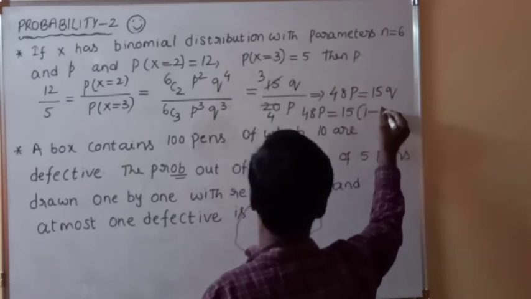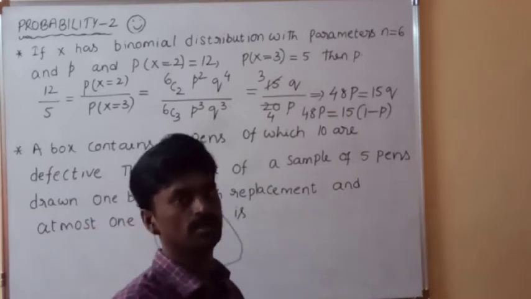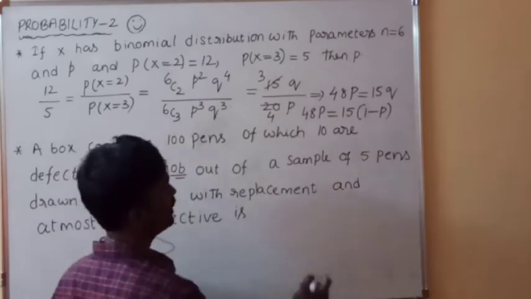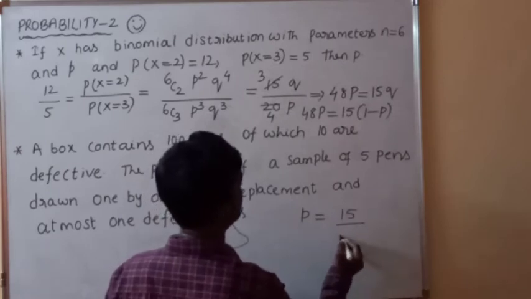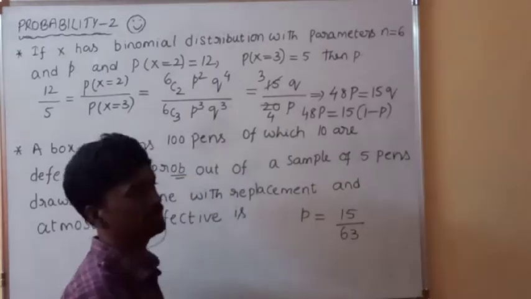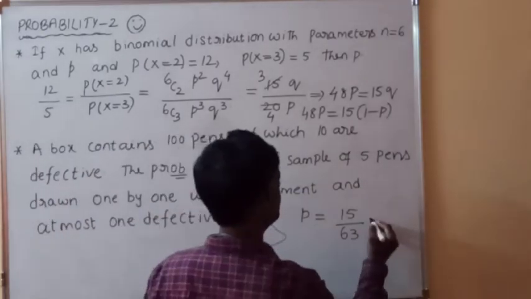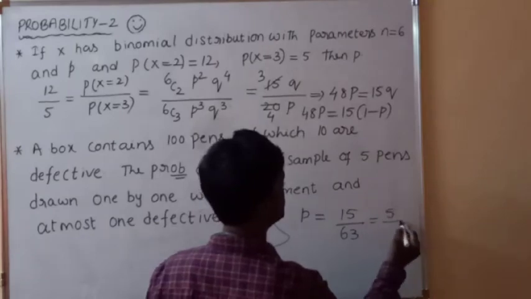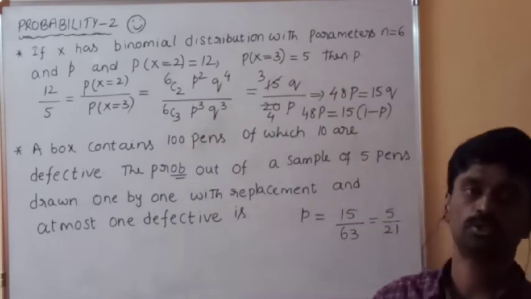Q can be written as 1 minus p, correct? So if you simplify that, p you will get 15 divided by 15 plus 48, that is 63. 15 plus 48 is 63 only, no? If you cancel, 3 5s are 15, 3 21s are 63. So the answer is 5 upon 21.